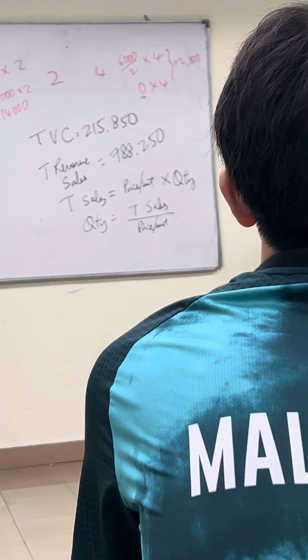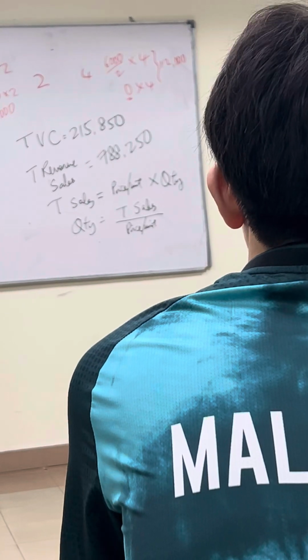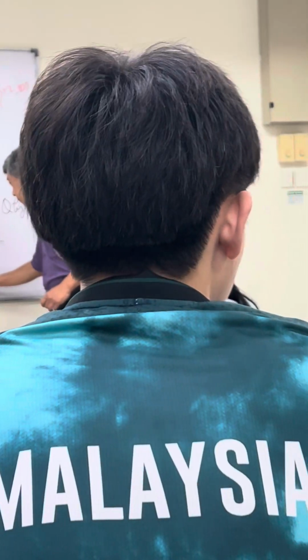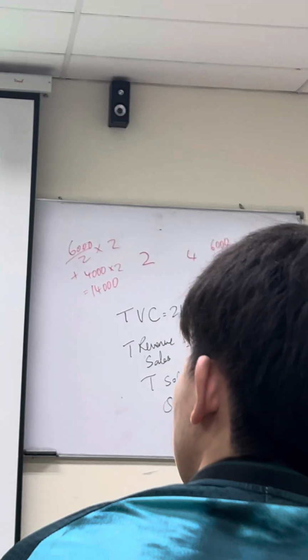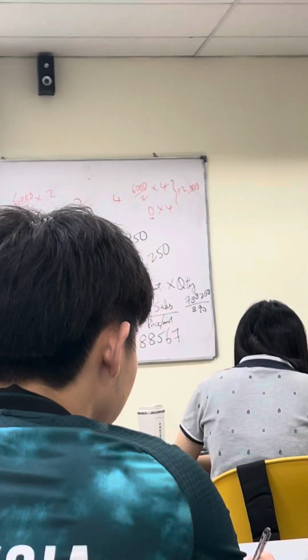Now can you find the quantity? Total sales is 788,250 by 890. So you get 88567 quantity. So your current sales quantity you already got. Current unit sales, 88567.